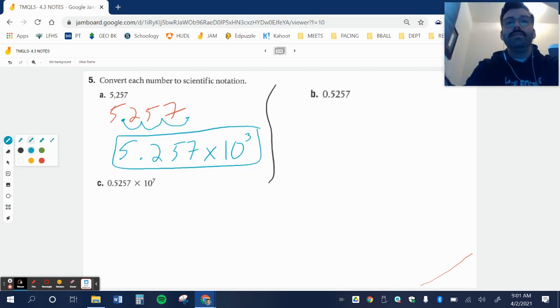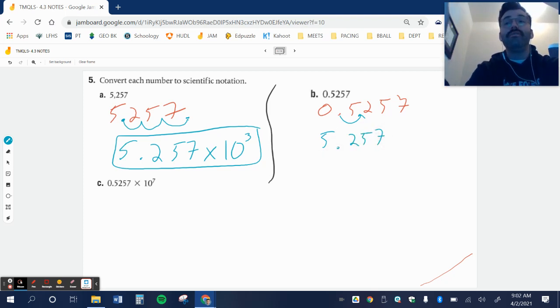So I got 0.5257. All right. Change to scientific notation. So I'm going to move the decimal place 1 to the right. So I got 5.257.